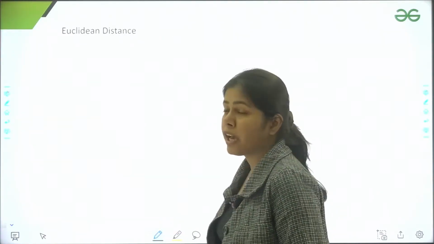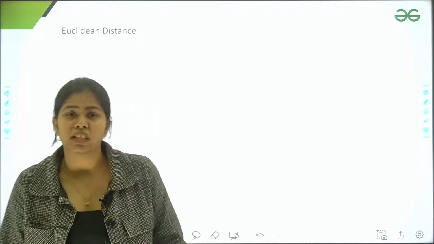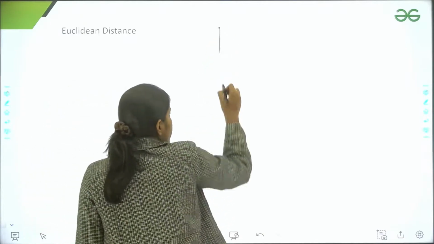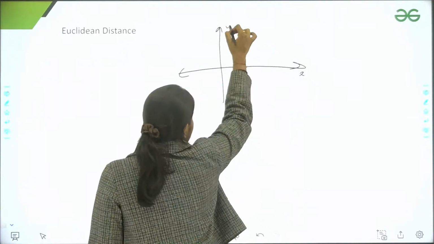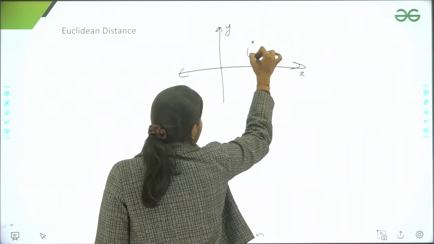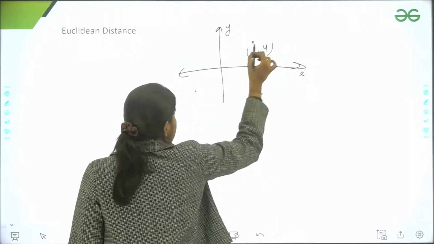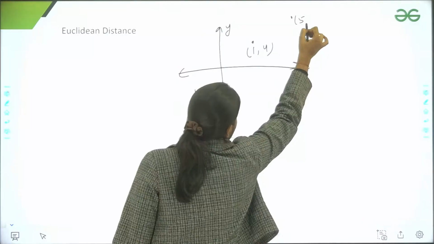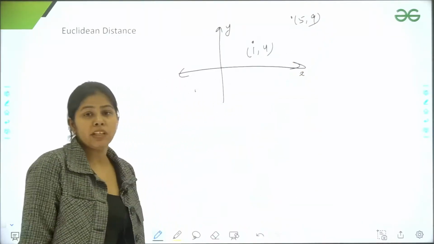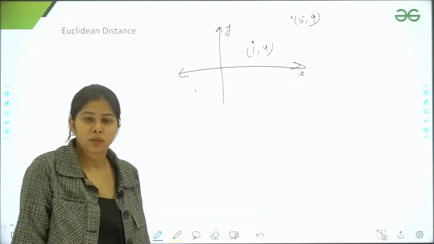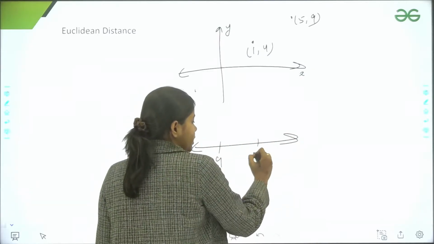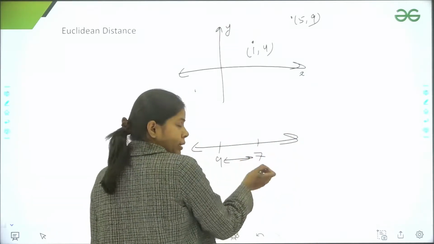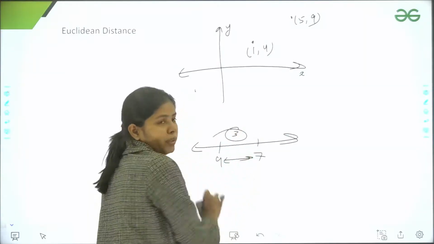Now the next thing we have is Euclidean distance. So what does Euclidean distance mean? I told you when we work in 2D, let's suppose this is the x axis, this is the y axis. Let's suppose I have the point 1 comma 4 and the point 5 comma 9. If I have to find the distance between these two, how would I find it? On a real number line, if this is 4 and this is 7, 7 minus 4, that is 3, would be the distance.